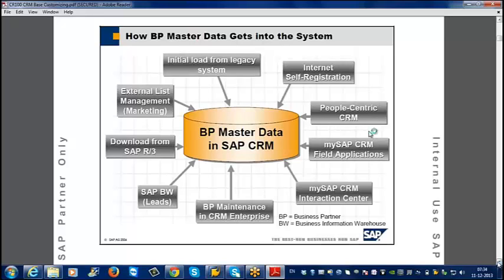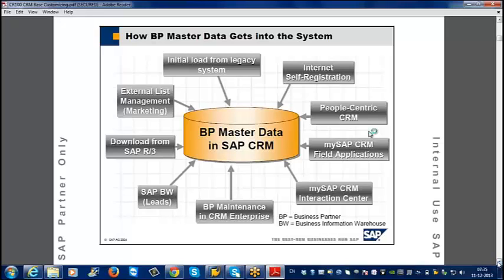It will be either through initial load from the CRM is the first, then initial load from legacy system. And if the CRM has the e-commerce scenario, then internet self-registration. We have our website and the interested customer can log into the e-commerce website of the company or the client.